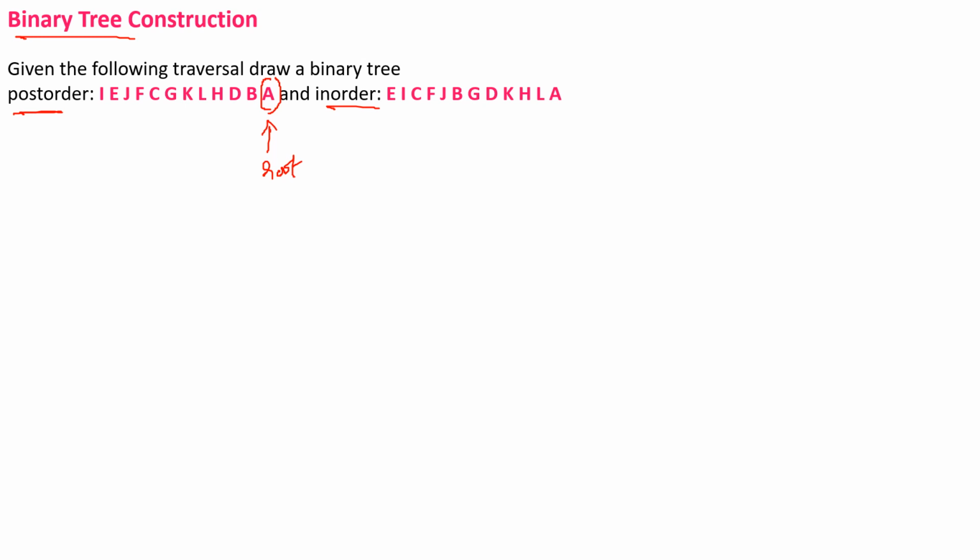So in order traversal, A is present at the end. So this is root. All the nodes are towards the left of A, and on the right side no nodes are present. That means all the nodes are there in the left subtree itself, and the right subtree for this example is empty.